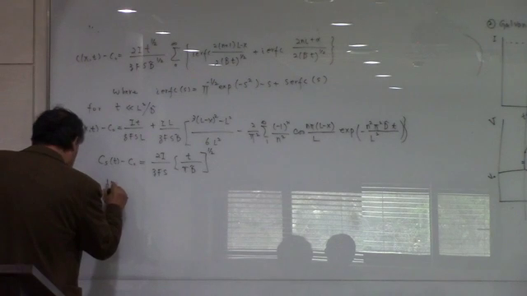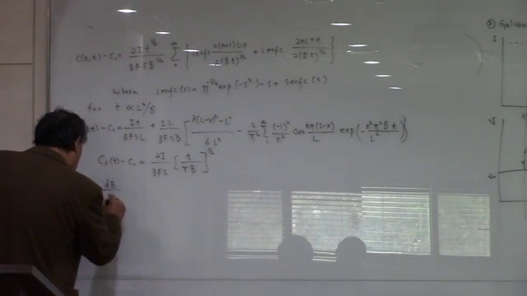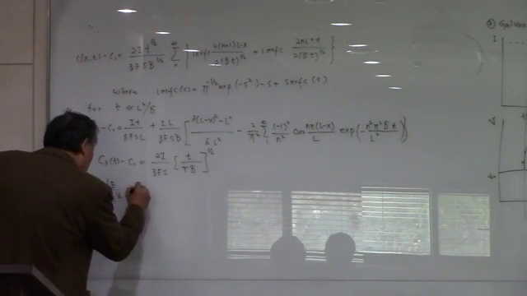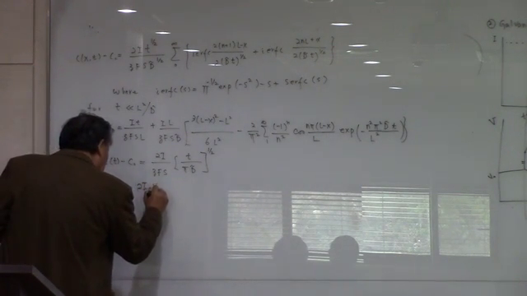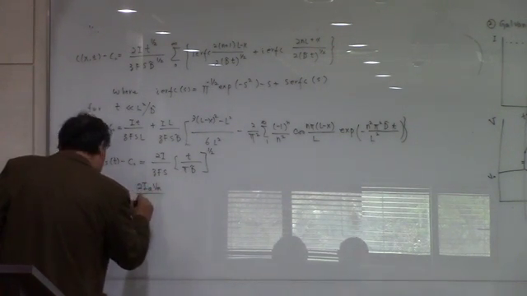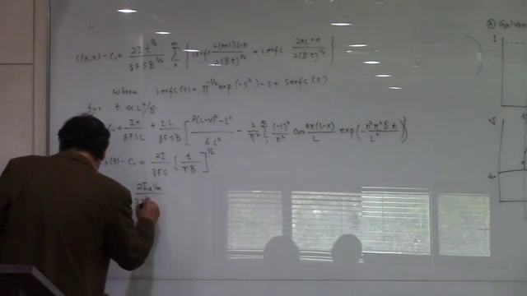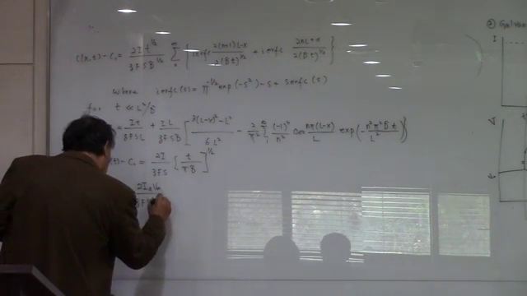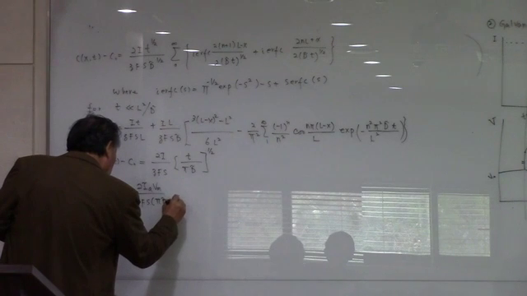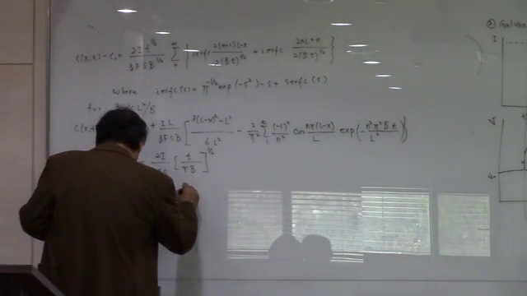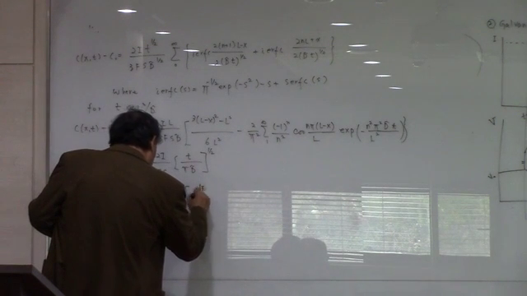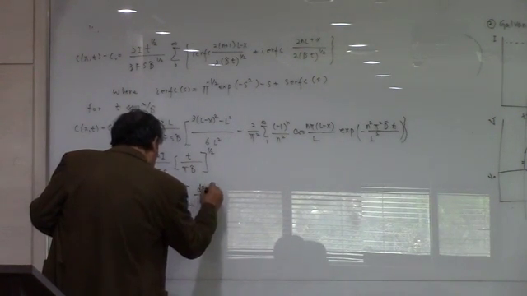And so I A VM over Z F S pi D, and then dE d delta.